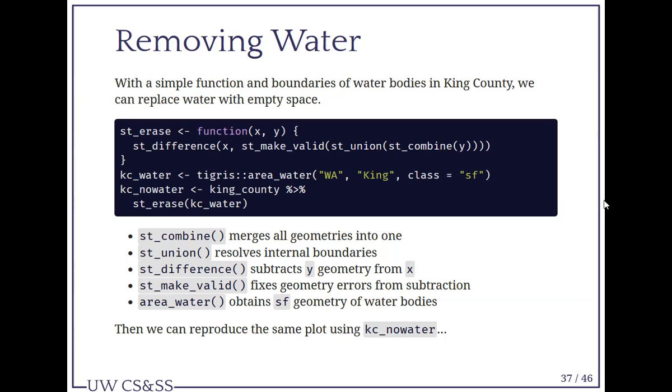Okay, so we can replace the water with empty space. We create a function called st_erase. The function takes an x and a y argument, and it combines the y argument with our x argument.